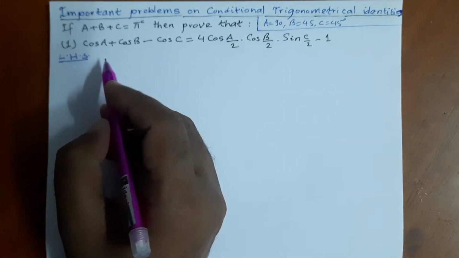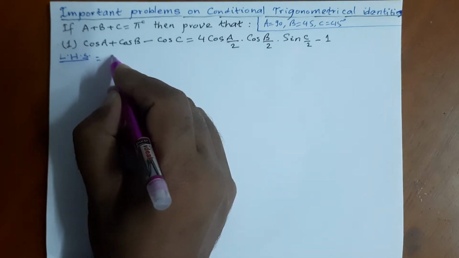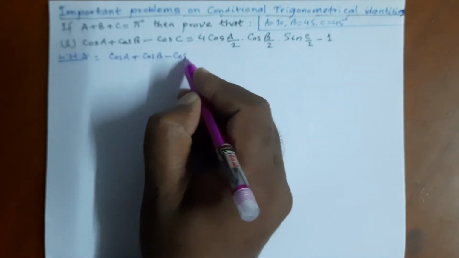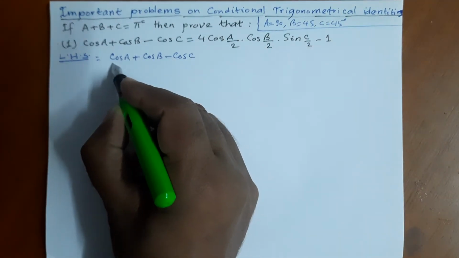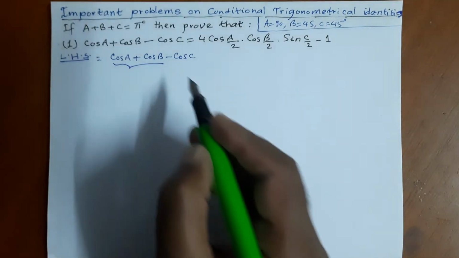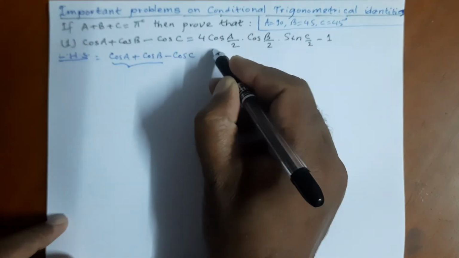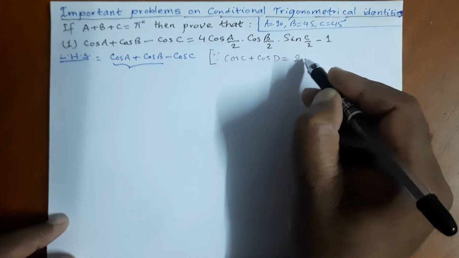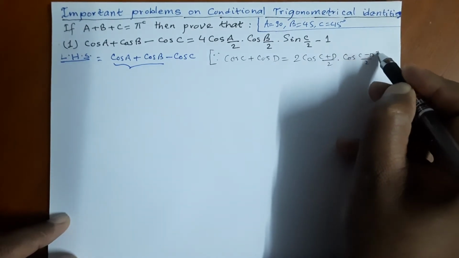I am starting from the left hand side. Left hand side equals cos A plus cos B minus cos C. Now we can use the cos C plus cos D formula: cos C plus cos D equals 2 cos of (C plus D) over 2 times cos of (C minus D) over 2.